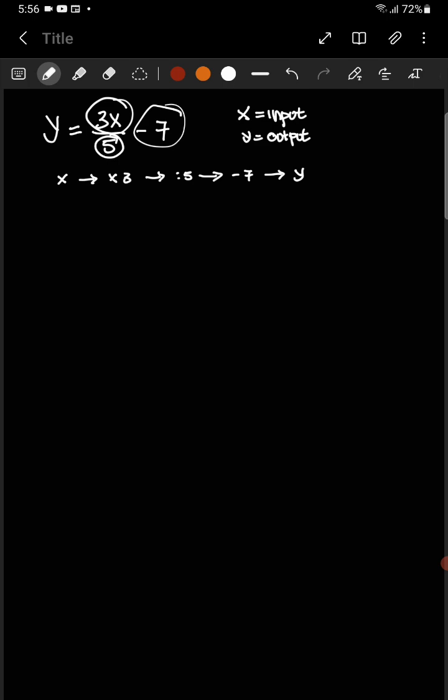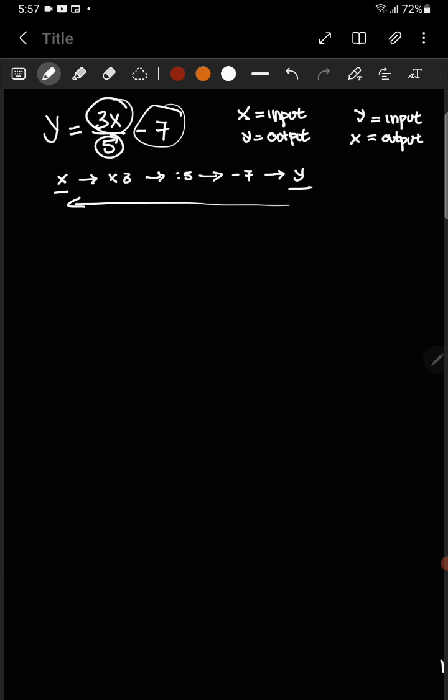Now, if we want to make the x become the subject, then we need to make what? Well, the x should be an output, and then the y should be the input. If this one is the input and this one is the output, then we will reverse the operation.